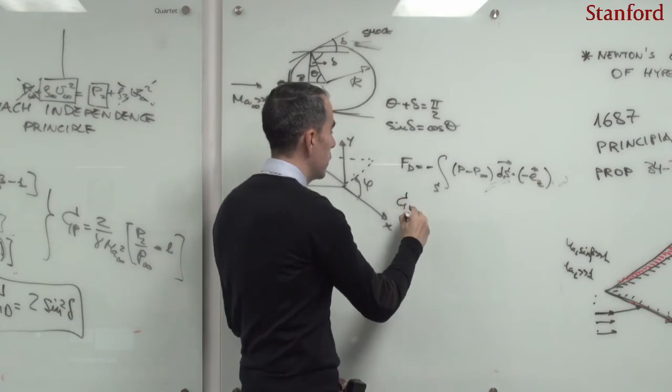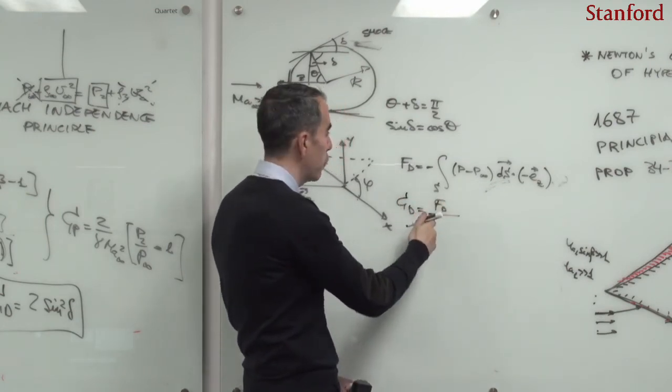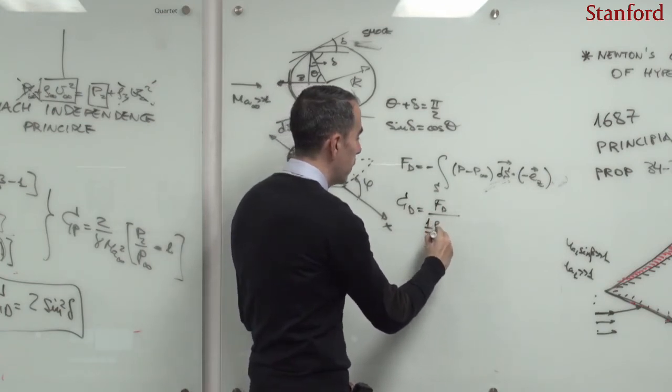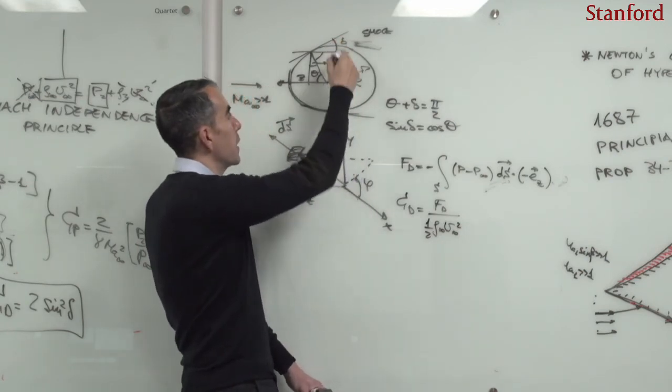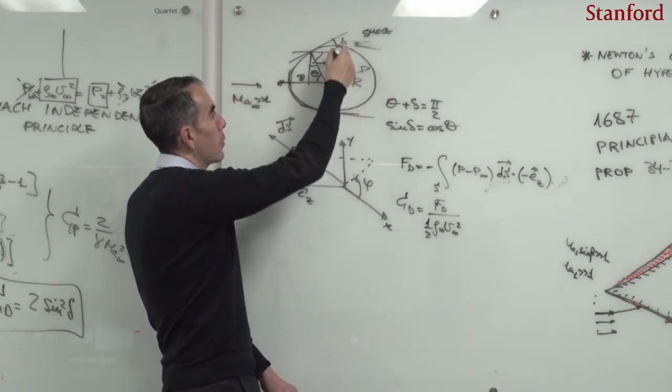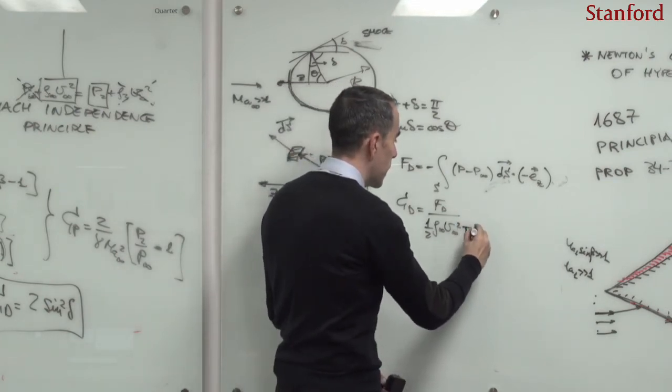But for now, let's say that I'm interested, for instance, in calculating the drag force, right? So the drag coefficient is going to be just the drag force divided by 1/2 rho infinity u infinity square, and then here as a reference area, I'm going to choose the cross-sectional area, that is to say the area of the circle, pi R square.